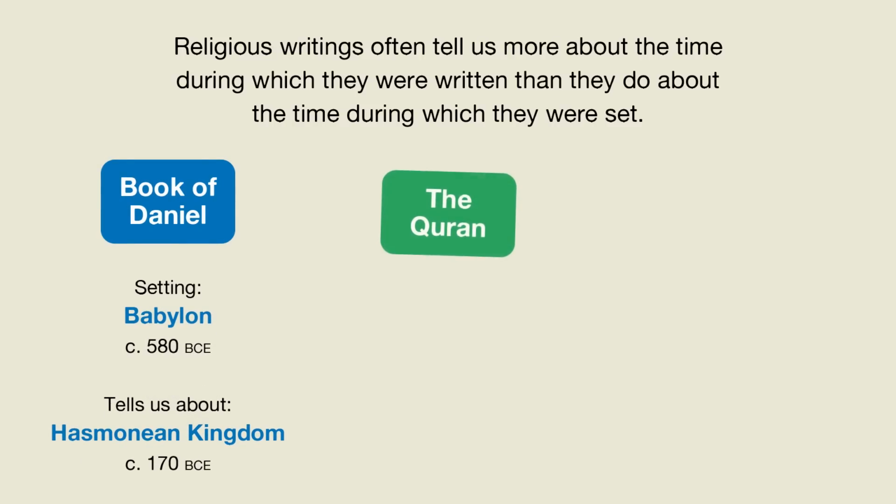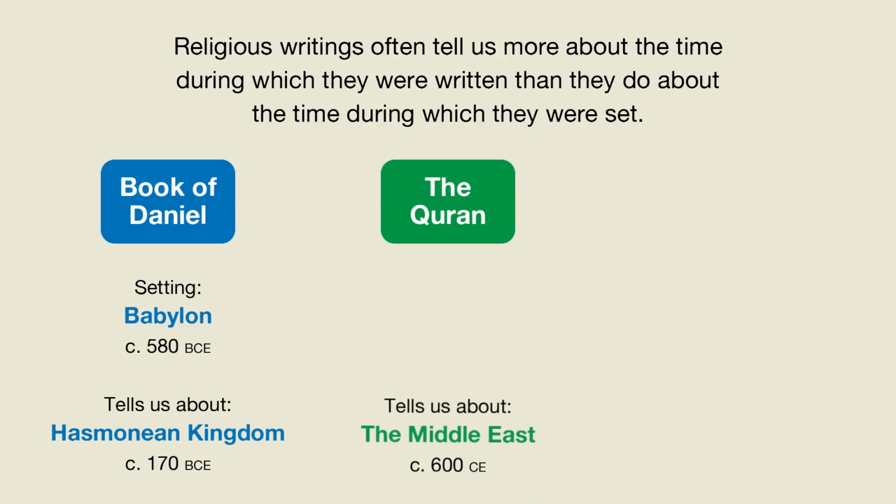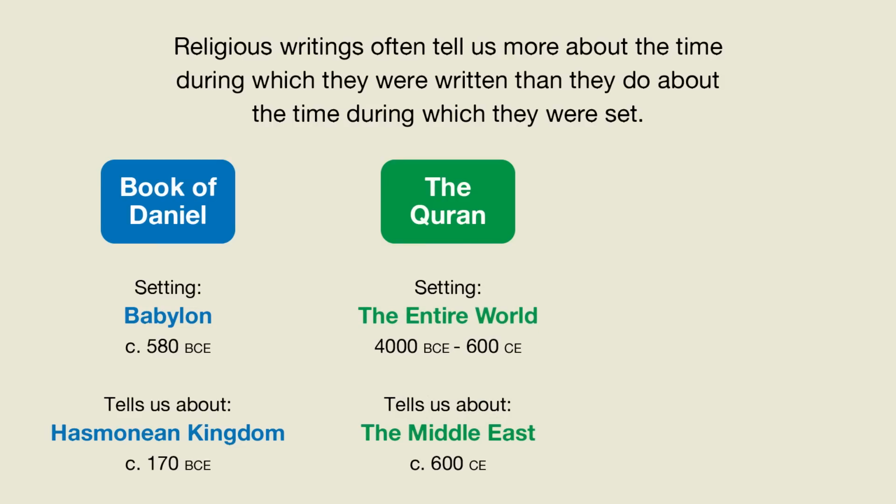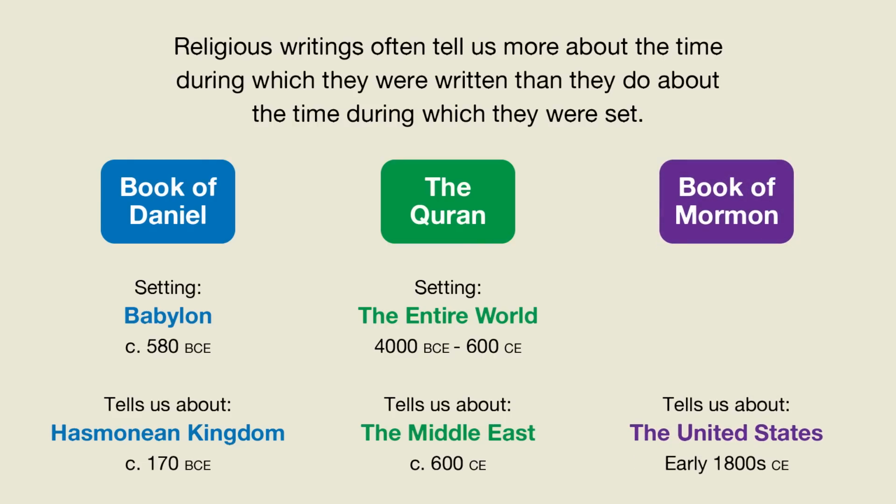And the Quran gives us a wonderful snapshot of the kind of stories that were floating around in the Middle East during the 7th century CE, even though it is supposed to be a universal book for all time. In a similar manner, the Book of Mormon actually tells us a lot about the United States in the early 19th century, even though the story is set in the ancient Americas.